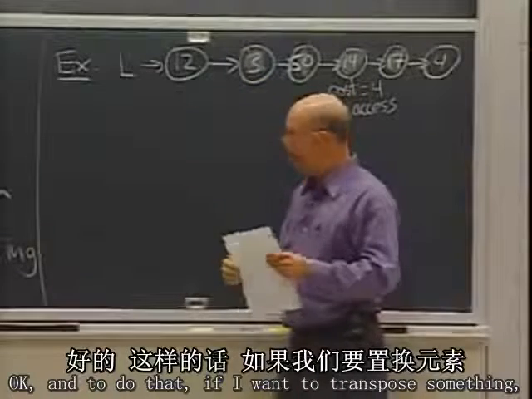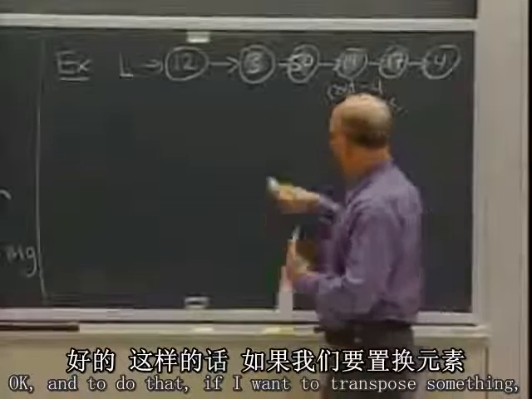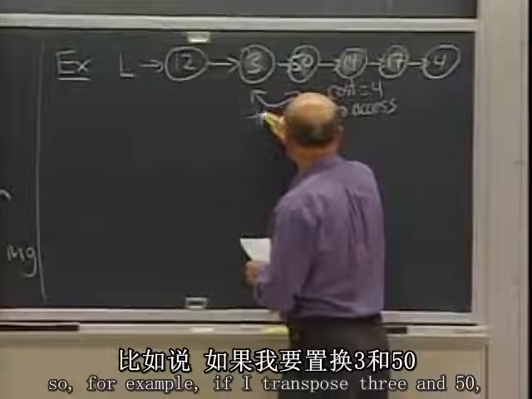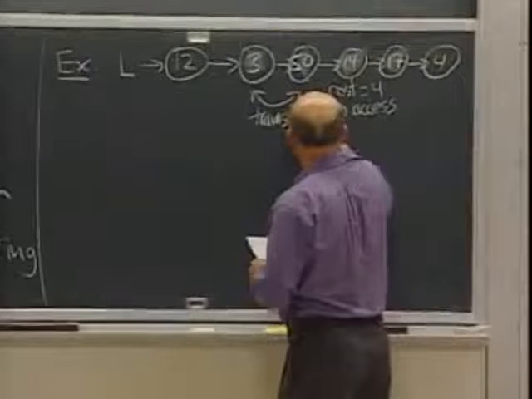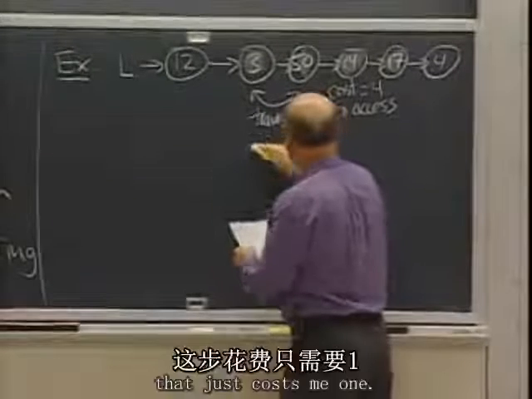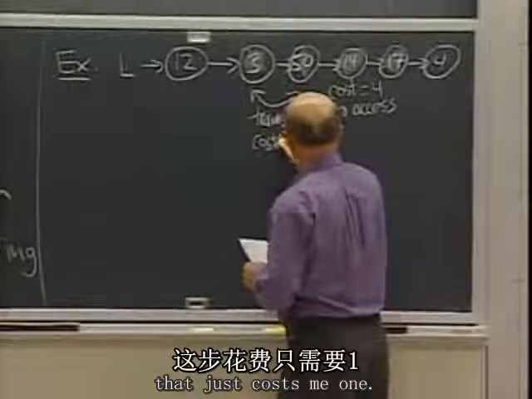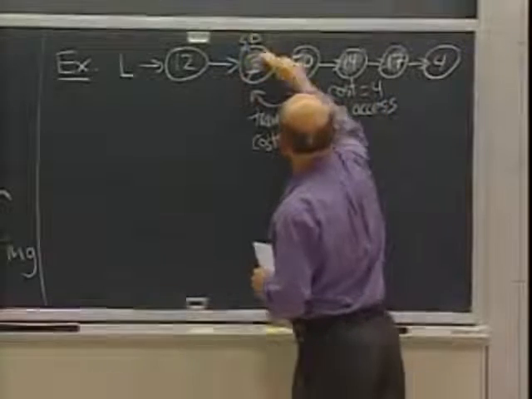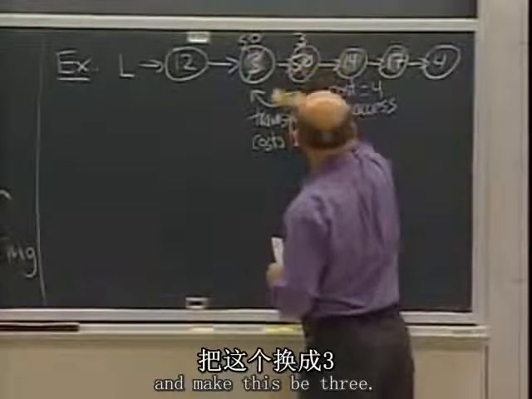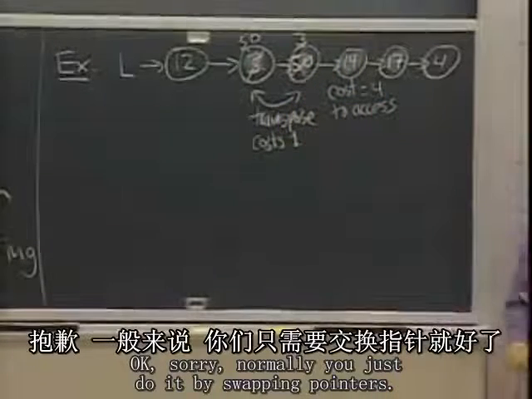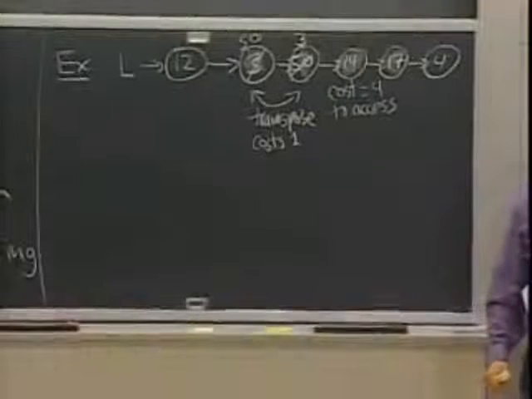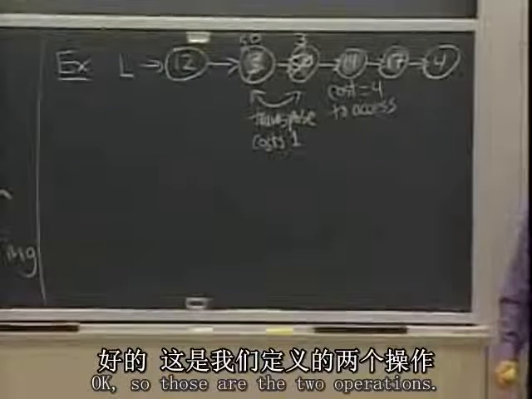And to do that, if I transpose 3 and 50, that just costs me 1. So then I would make this be 50 and make this be 3. Normally you just do it by swapping pointers. So those are the two operations.